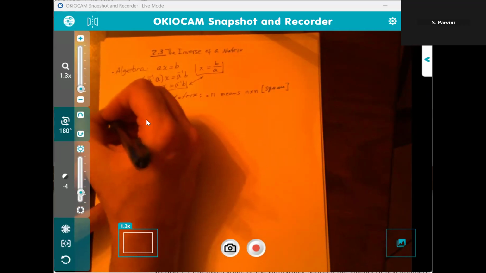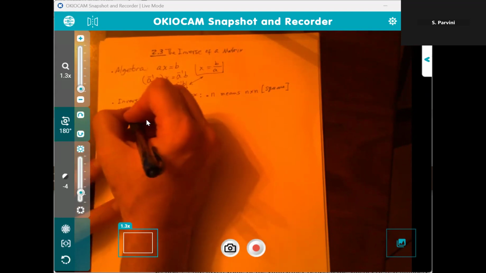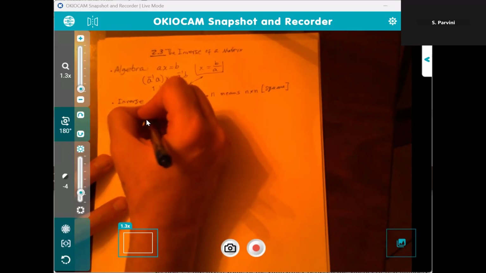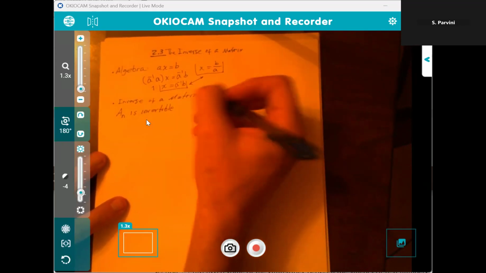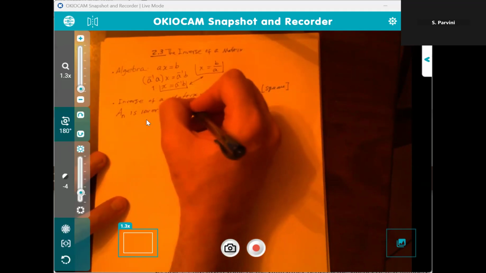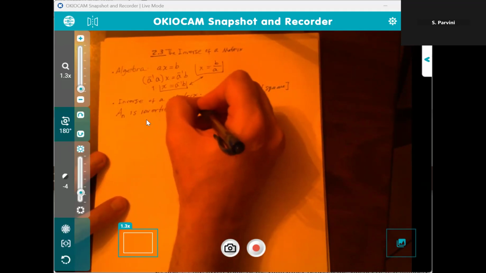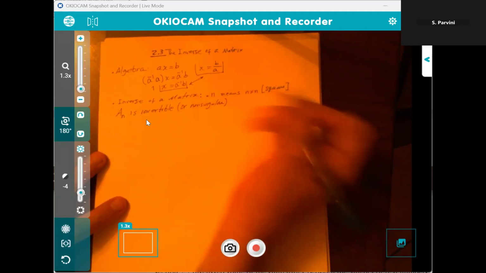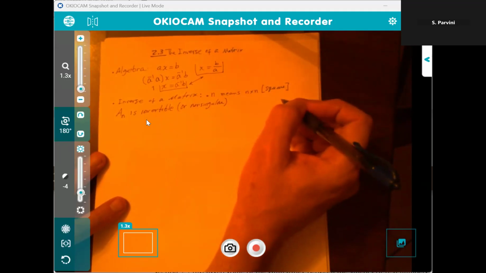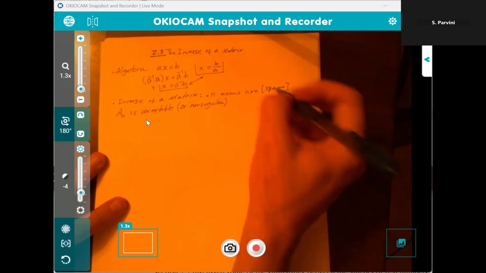Suppose that we have A sub n, and it is what we call invertible. So A sub n is invertible, or we can also call it non-singular. Non-singular means just that, it is invertible, it has an inverse.